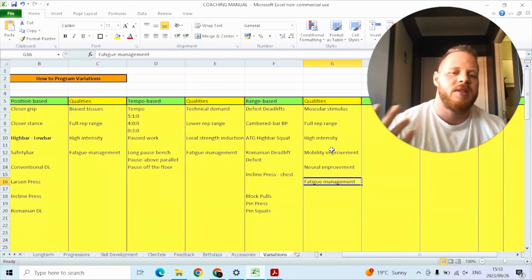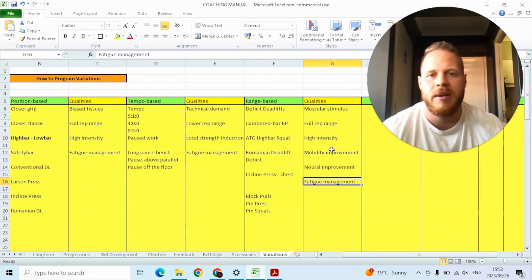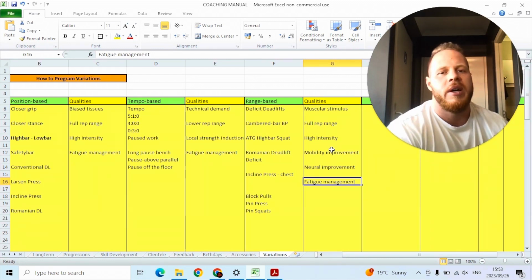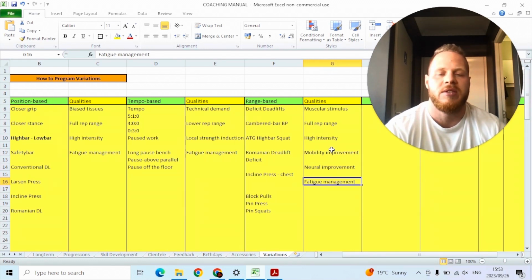Then fatigue management, of course, touching on this again. Honestly, stripping the weight off of the bar will help us to manage fatigue and not utilize too many resources, especially neurally. But what we definitely have is a chance to also bias certain tissues and certain joints.